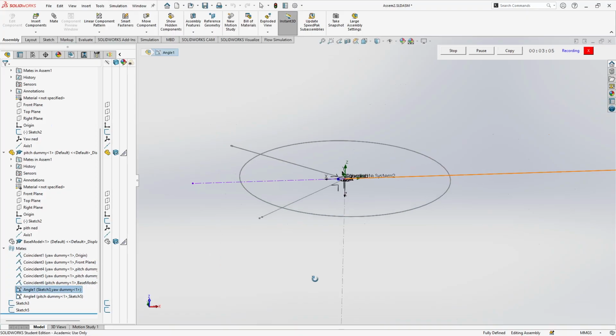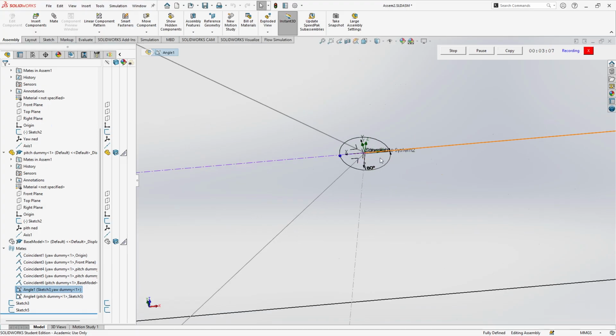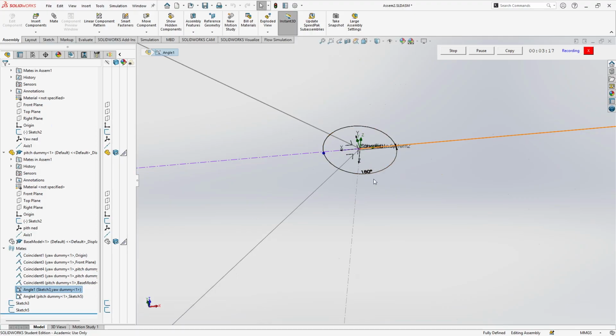So see, the yaw rotation, I always define the angle by using an obtuse angle, because we cannot use acute angles, because we need the simulation to vary the angle between 0 to plus 90 and minus 90 for the yaw, as well as for the pitch it's also positive 90 to minus 90, so covering the entire flight envelope and giving us the full aerodynamic range.